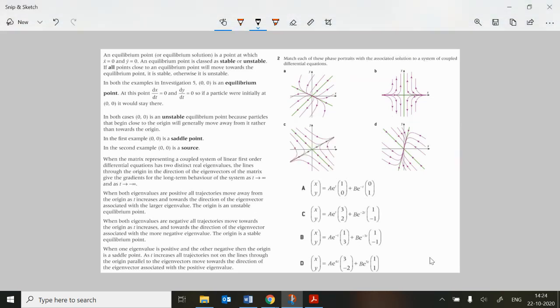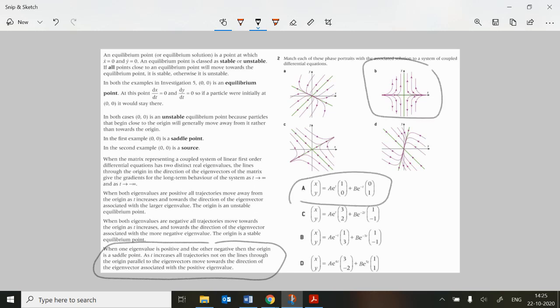Hi there guys, just coming back to this one. At the bottom here, this was in conflict with the fact that we matched up this part B here to part A, because it said that when one eigenvalue is positive and the other is negative, then as t increases, all trajectories not on lines through the origin parallel to the eigenvectors move towards the direction of the eigenvector associated with the positive eigenvalue.